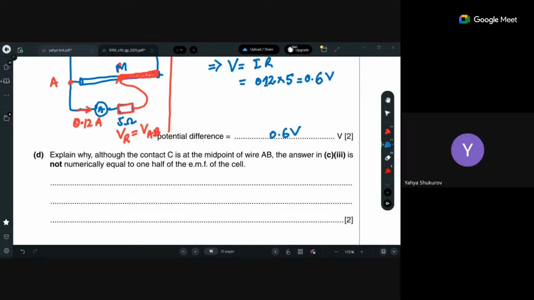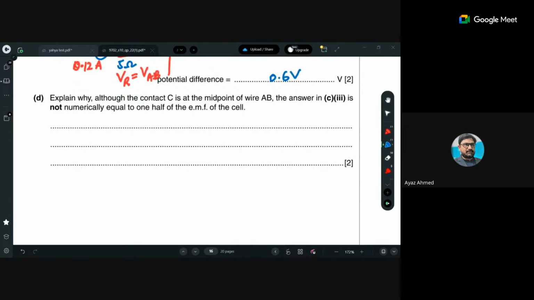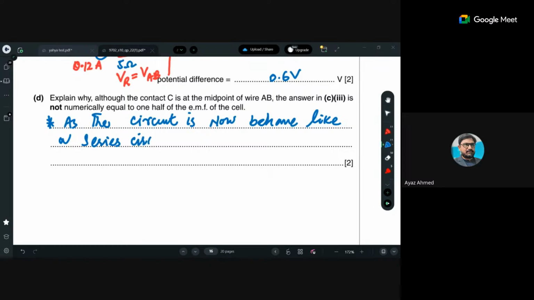Got it? So here you can say that the circuit now behaves like a series circuit, or you can say a potential divider.